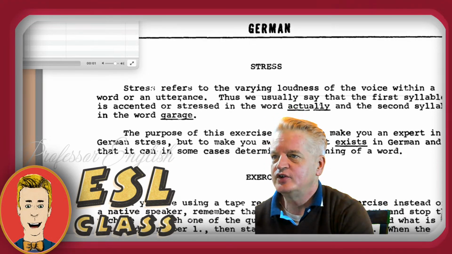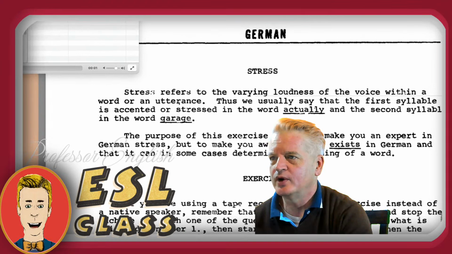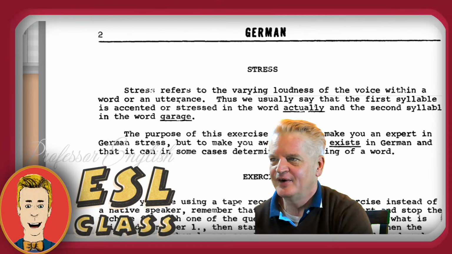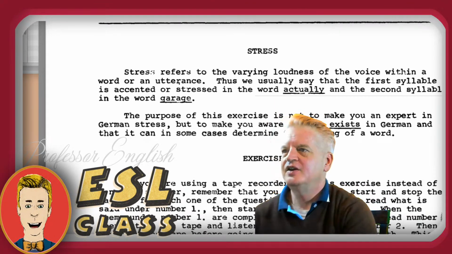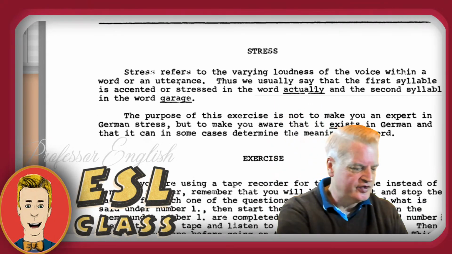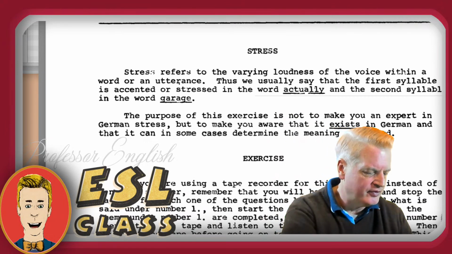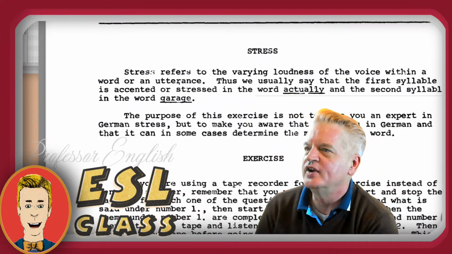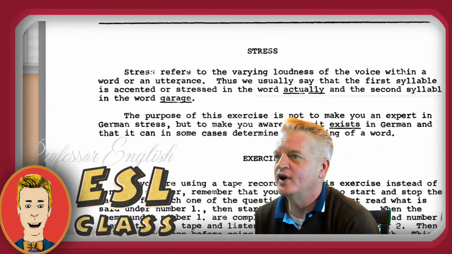Stress refers to the varying loudness of the voice within a word or an utterance. Sorry, I'm still getting used to doing a live course. Okay. So the first topic they're going to talk about before we start is the idea of stress, the loudness of the voice within a word or an utterance.